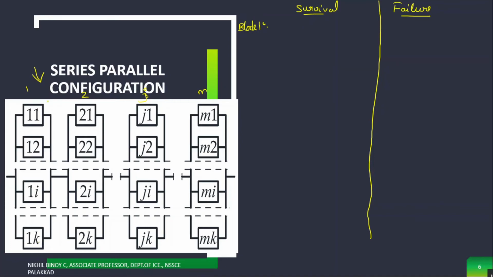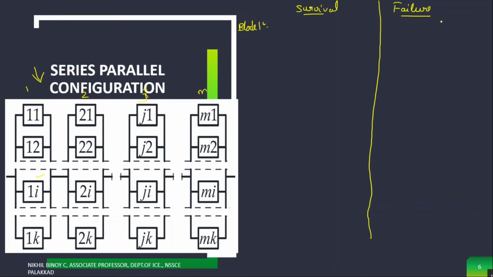So what about this block? This block will fail if all these elements fail simultaneously. Simultaneously means we have an AND operation. AND operation means, if all these elements are independent, and here we are considering only the independent case, then we can take the product of the failure of each element. So what is the failure of this one I element?